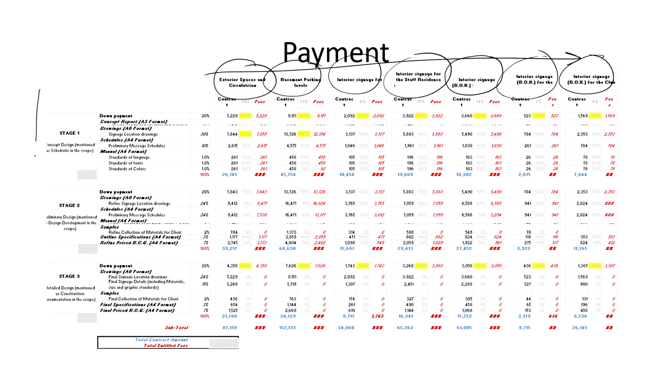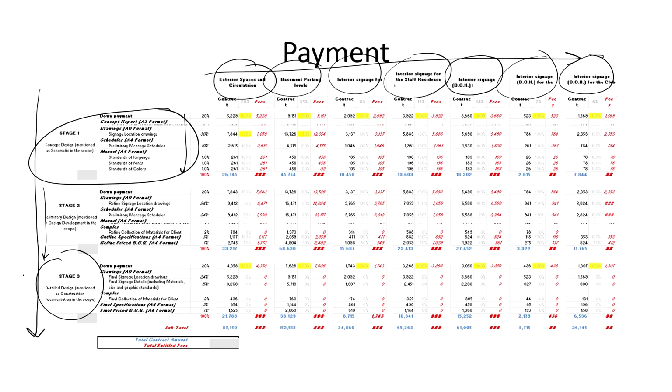And here if you see the rows, it says at stage 1 what the deliverables are, at stage 2 what the deliverables are, and at stage 3 what the deliverables are.